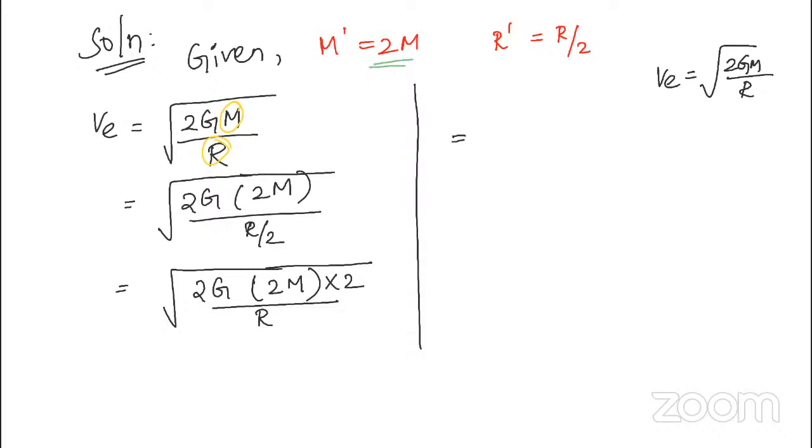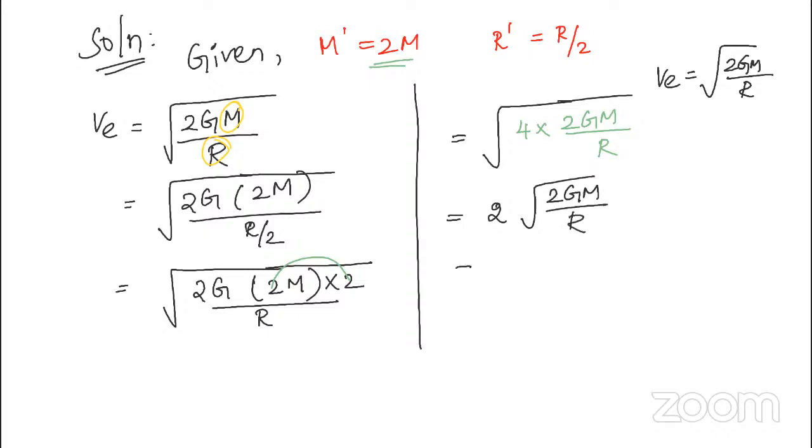So it is square root of, this 2 and this 2, it is 4, so 4 into 2GM by r. Square root of 4 is 2, so 2 into square root of 2GM by r.